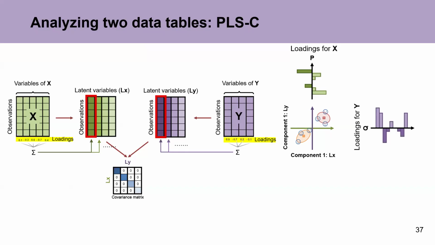So you have people in this quadrant and this quadrant, right? And that's capturing the association that goes on the negative end of the two tables versus the association of variables that goes on the positive end of the variables.